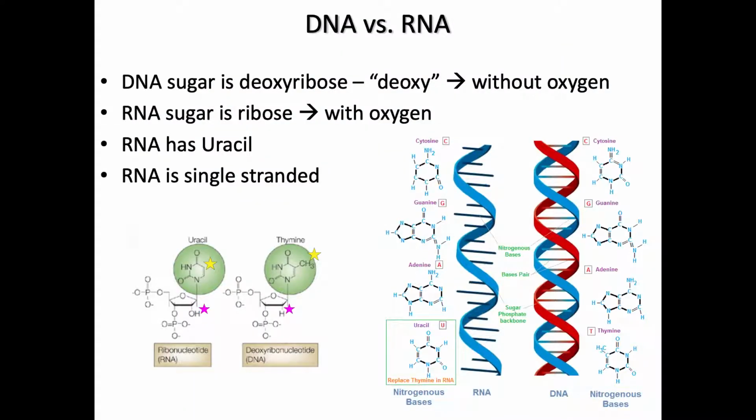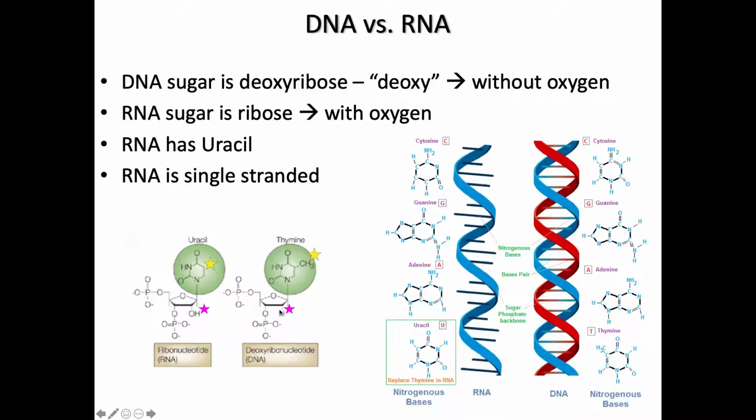Now let's compare the structure of DNA to RNA. One of the main differences between these two molecules is that DNA's sugar is called deoxyribose, just because it's missing an oxygen from the second carbon. So carbon 1, carbon 2.